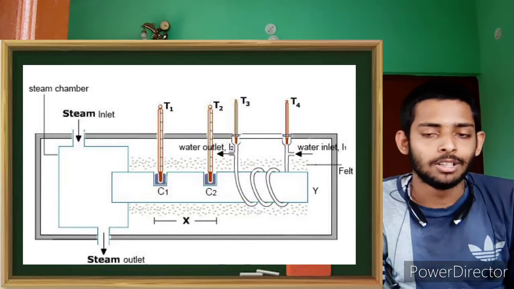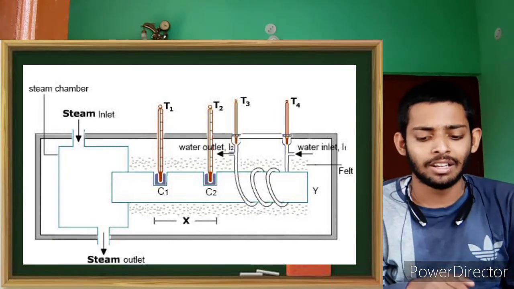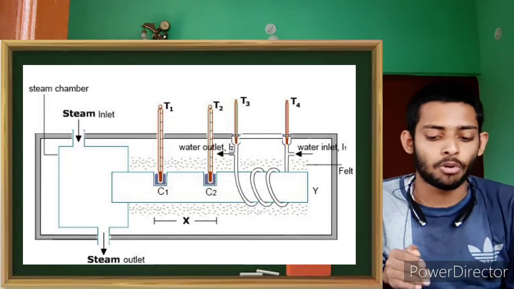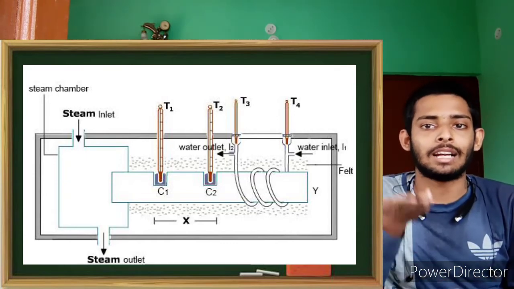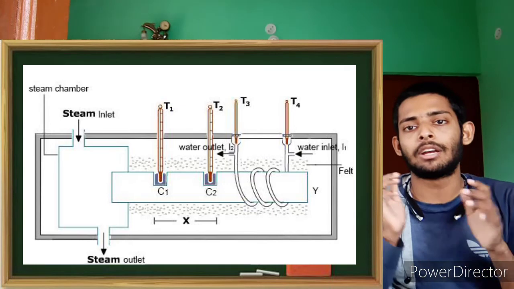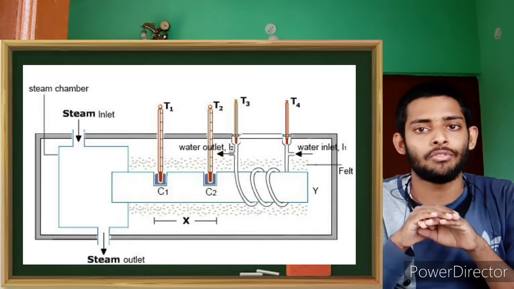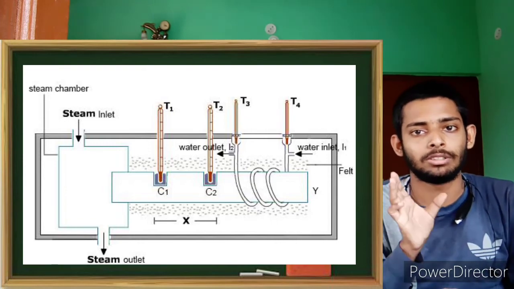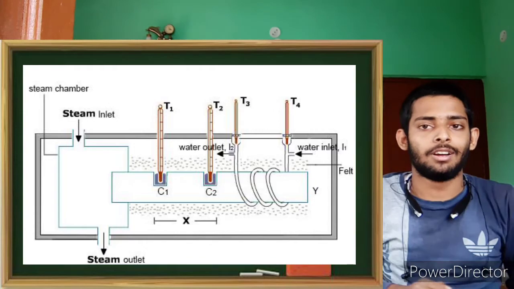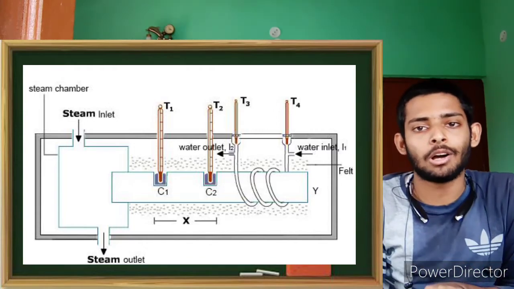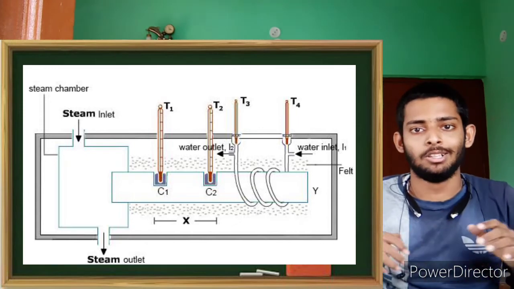Before equilibrium, we can see that the temperatures of thermometers T1, T2, T3, and T4 keep increasing, and when equilibrium is reached, the temperature of all the thermometers becomes constant. Once equilibrium is reached, then comes our calculation part.